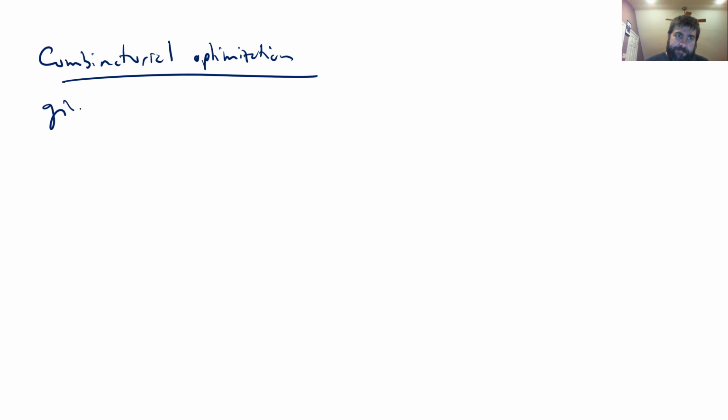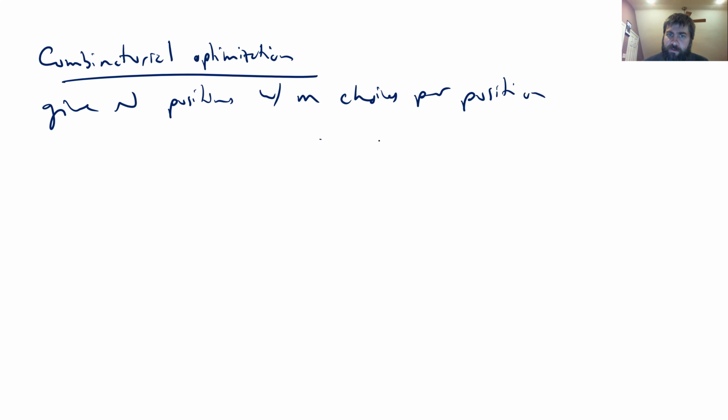Given n positions with m choices per position, we get m to the n total possibilities. And it's this combinatorial exponential growth that gives us this massive search problem.